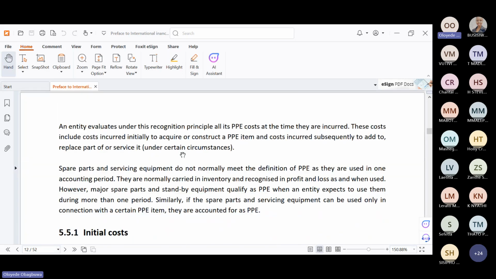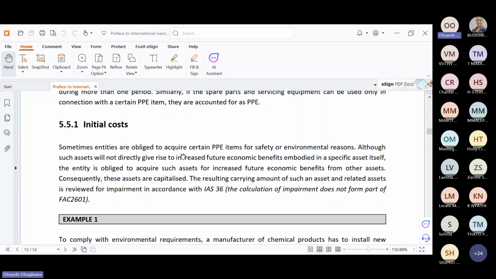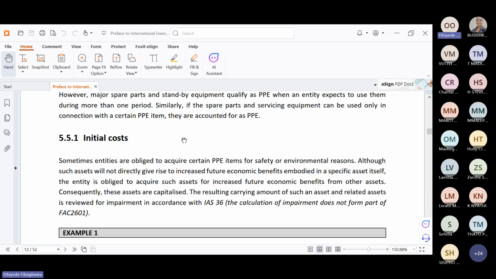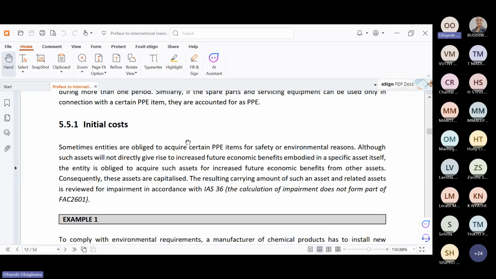Okay, so we talk of initial cost. Sometimes entities are obliged to acquire certain PPE items for safety or environmental reasons. Although such an asset will not directly give rise to increased future economic benefit embodied in the specific asset itself, the entity is obliged to acquire such an asset for increased future economic benefit from other assets.